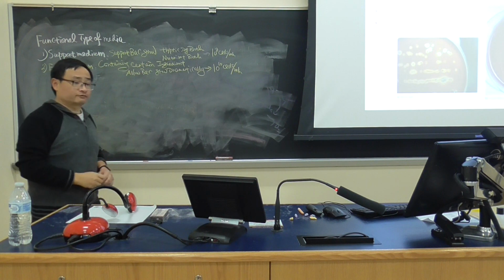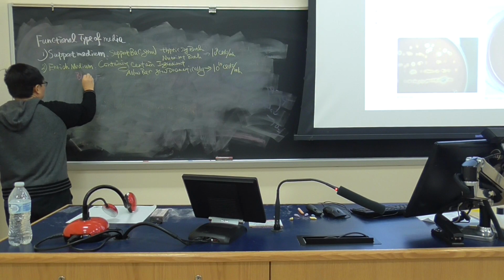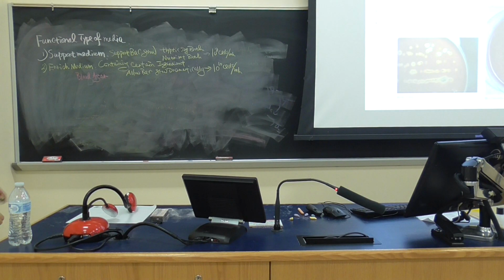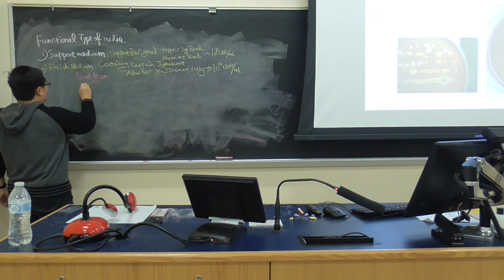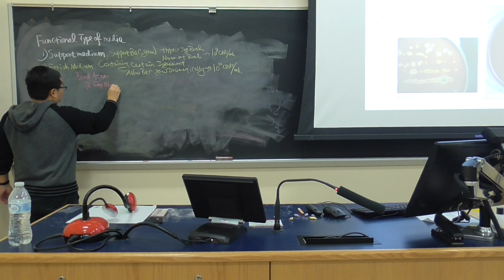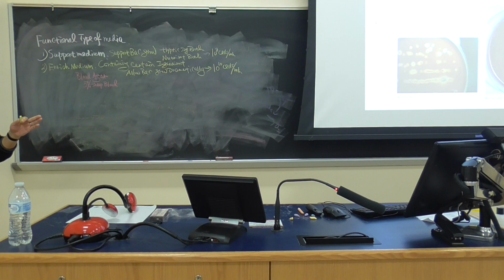One of the good examples of that is blood agar. Blood agar is red. You look at that, it's red. They contain 5% sheep blood. Why do they contain 5% sheep blood? Because back in the 1970s, the scientists found that sheep blood has the same characteristics as human blood. So they use sheep blood.